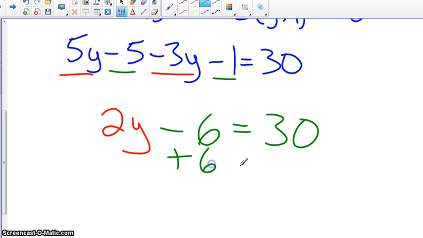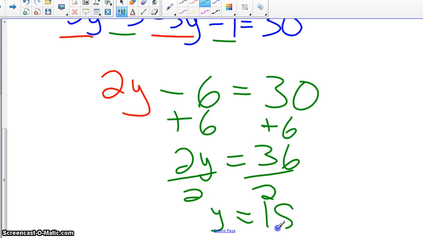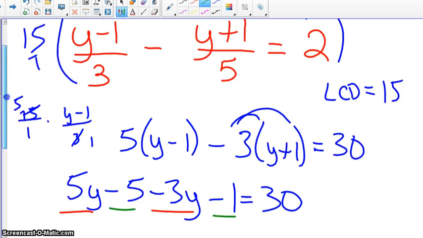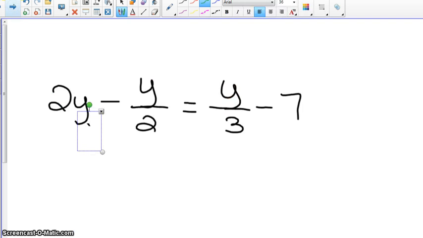I'm going to add 6. So 2y equals 36. Divide by 2, and y equals 18. So you just have to be really careful with how I distribute when I have a polynomial on top of this fraction here. And make sure I distribute the negative when I multiply through.